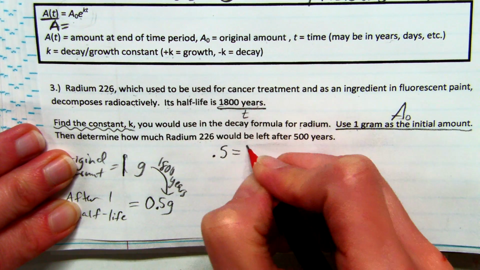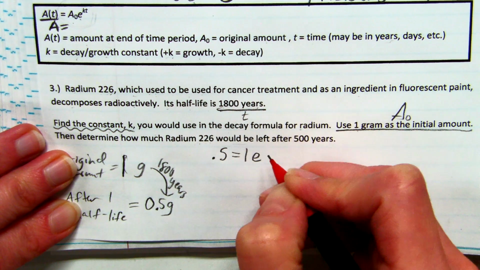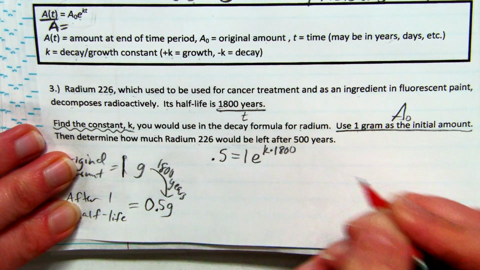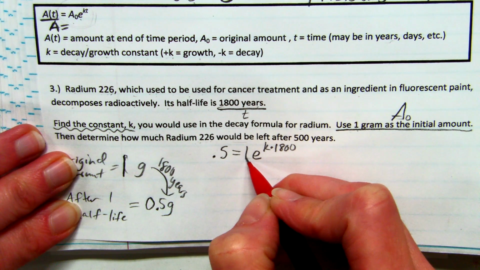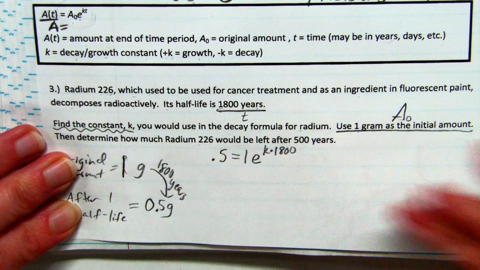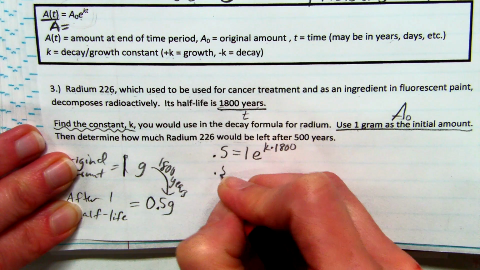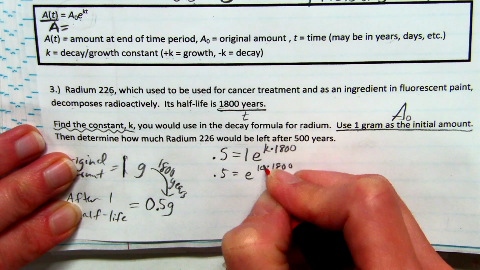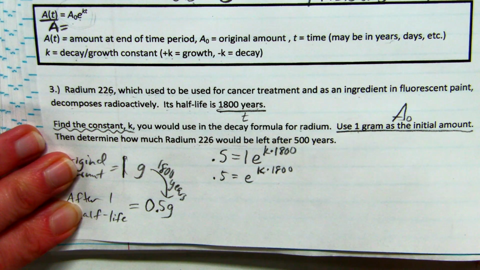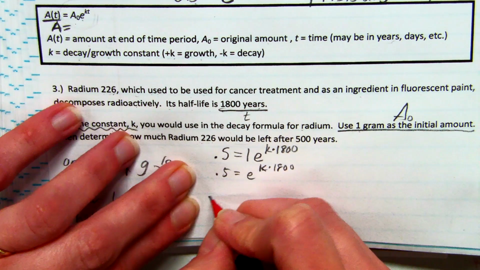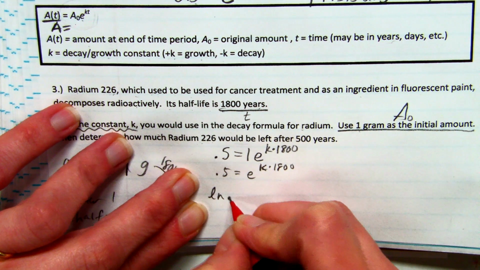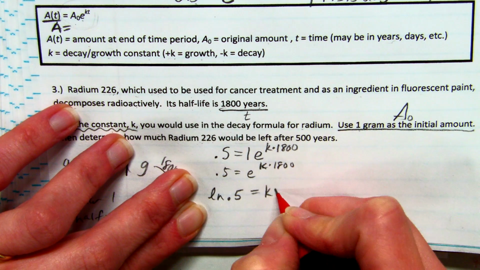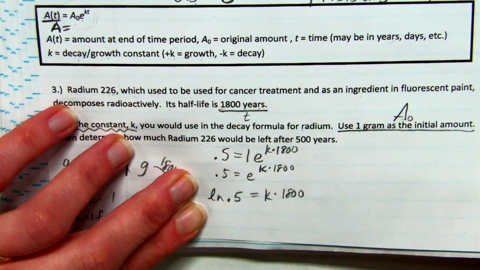So 0.5 equals 1 times e to the K times 1,800. So really dividing by 1 is not going to be that useful. We can just think of this as 0.5 equals e to the K times 1,800. Or you could write that as 1,800K if you prefer. Then to solve, we're going to write it in log form. So natural log of 0.5 equals K times 1,800.